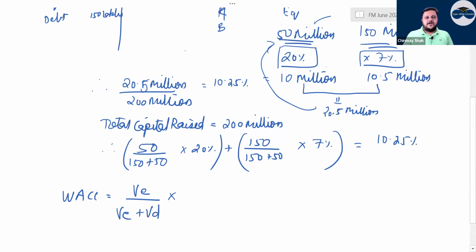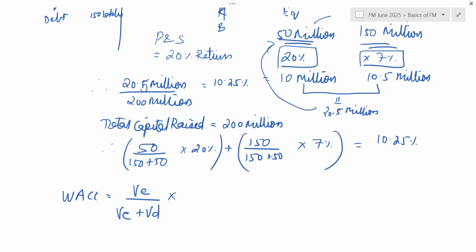The whole multiplied by the required return. Now see, when I asked PNS how much return they want, they said 20% return we want. Whenever an equity shareholder asks for 20% return, if the company does not give it, will the equity shareholder stay in the company or sell their shares and leave? Leave the company.